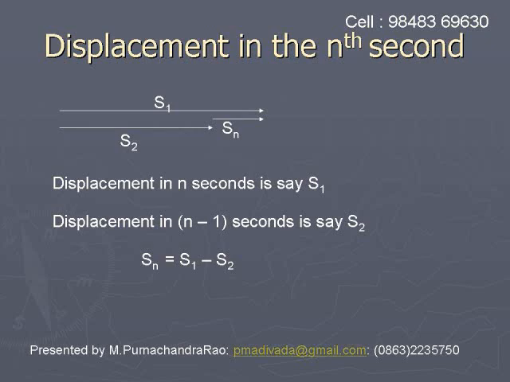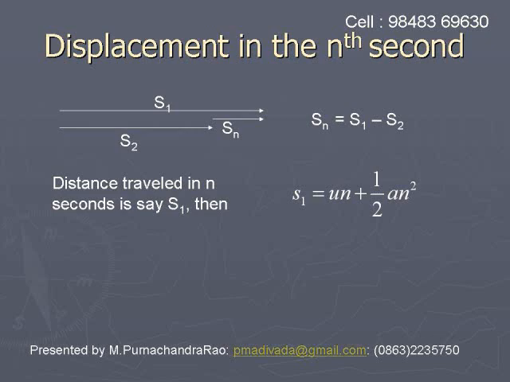And the remaining part, shown by the small arrow, is the difference, that is Sn. Sn is the difference of the two vectors S1 and S2. This Sn is equal to S1 minus S2. This is the relation which we are going to use for finding the relation for Sn.